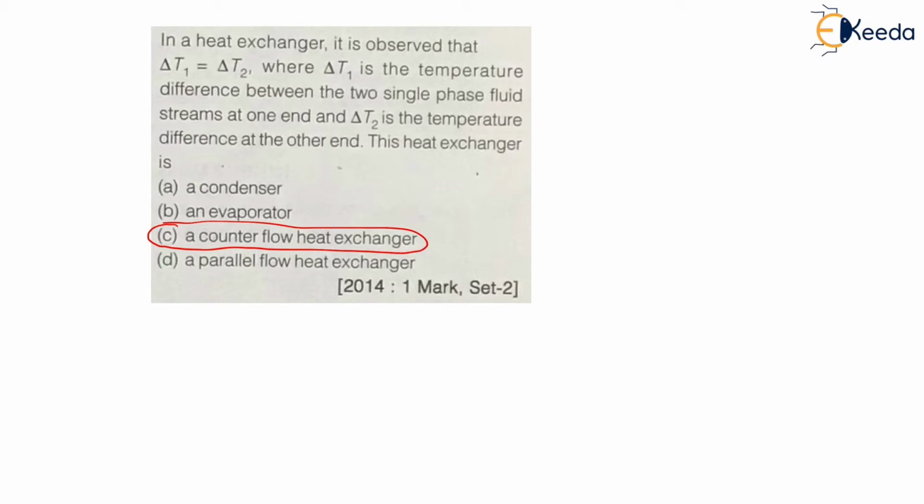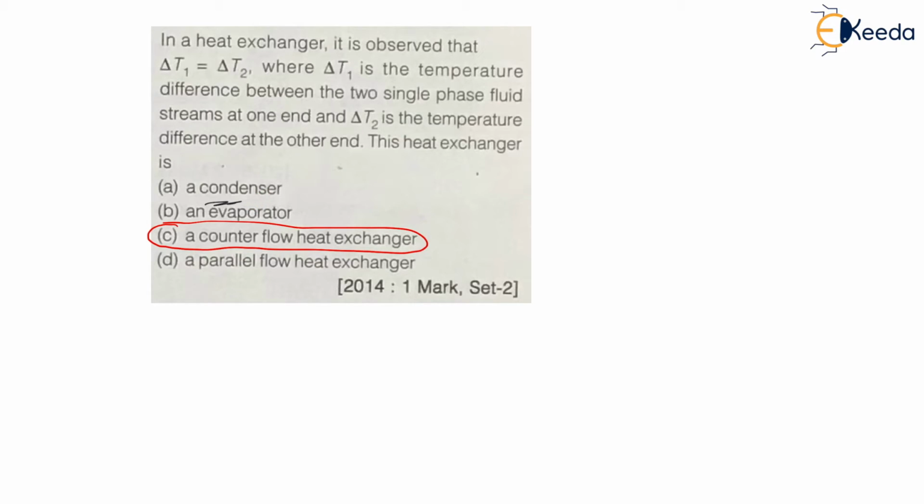Now let us understand why it is the counter flow heat exchanger. First we will understand why not condenser, why not evaporator, and why not parallel flow heat exchanger. Then we will see why it is counter flow. Let us understand the condenser first. In a condenser there is a phase change of the hot fluid.